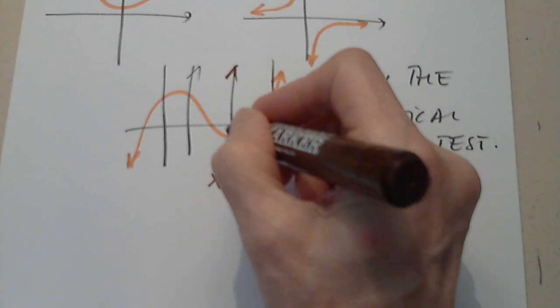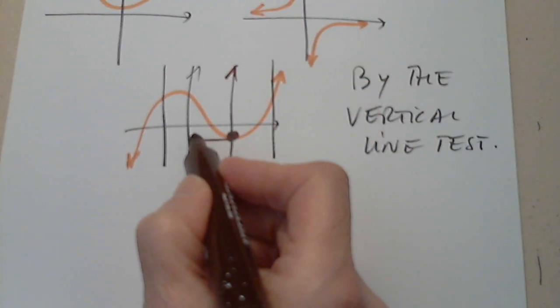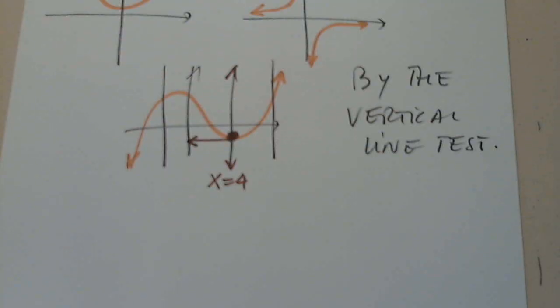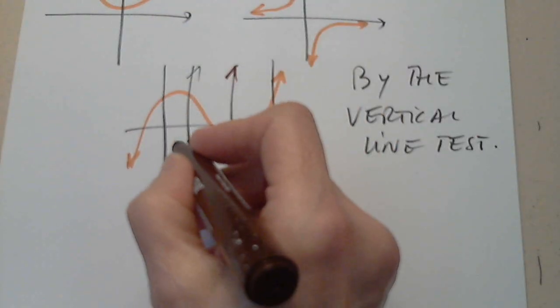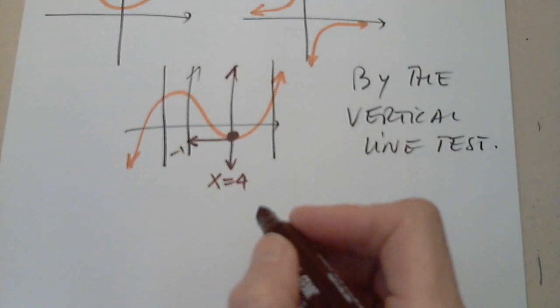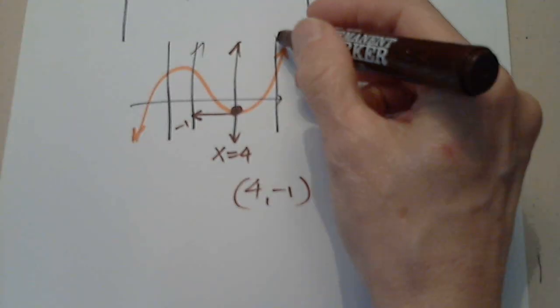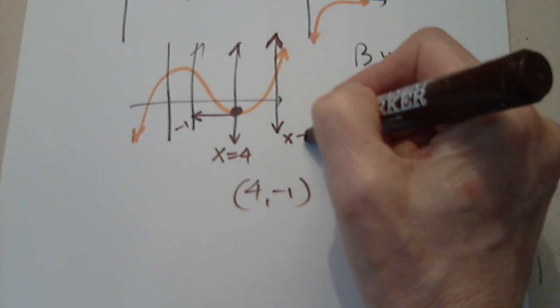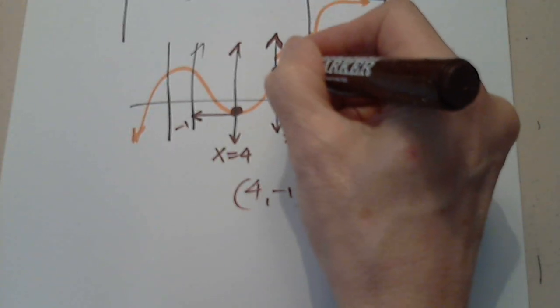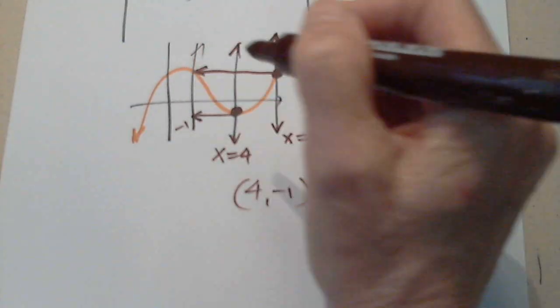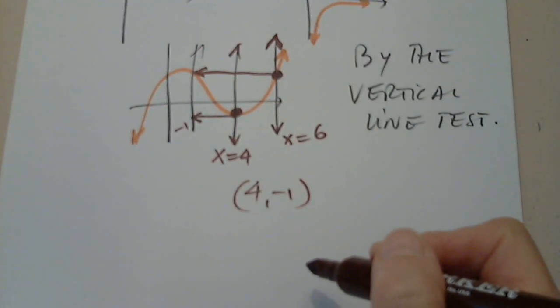It meets the graph in one point, and I will be reading the corresponding y value. I'm going to put some values so we can understand the points. 4, -1. For this vertical line, let's say x equals 6, it crosses the graph only in one point, and I will be able to read the corresponding y value.